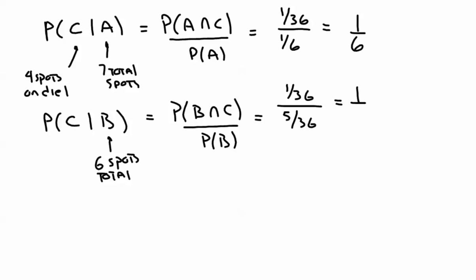That's 1/5. 1/5 is greater than 1/6. All right. What we find is if we know that 6 total spots are up, it's more likely that there are 4 spots on die 1 than if we know that there are 7 spots total.